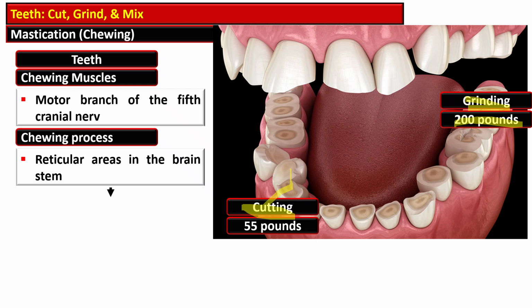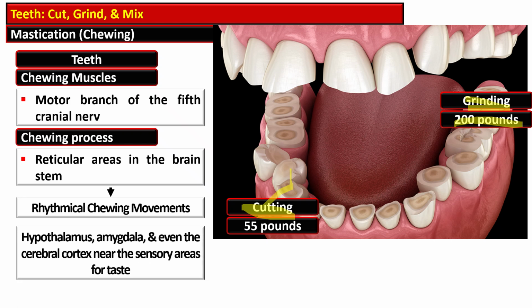So there is a neural control of this mechanism. Most chewing muscles are innervated by the motor branches of cranial nerve 5, or the trigeminal nerve, and the brain centers are located in the brain stem nuclei that control the rhythm of chewing.